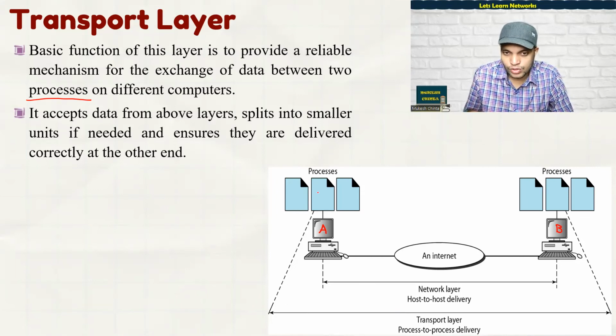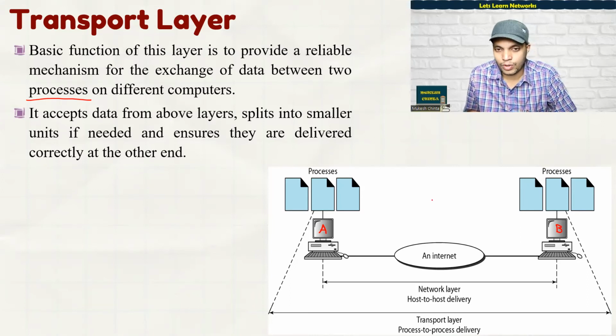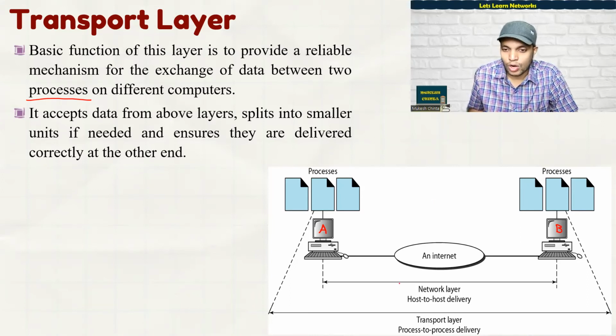Imagine that this is your YouTube server and this is your YouTube client. So whichever data is coming from the YouTube server must be delivered to the YouTube client only, such that you can't expect data from one process to be delivered to another process. For this purpose, what we use at the transport layer is something called ports. We shall discuss the concept of ports in our later videos.